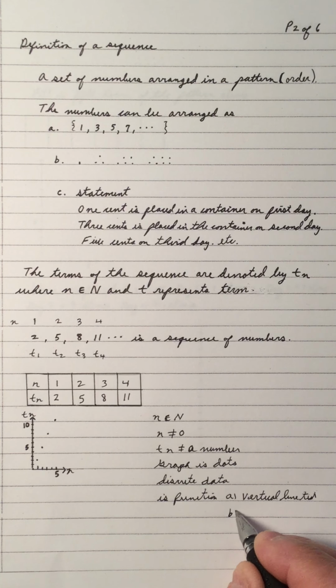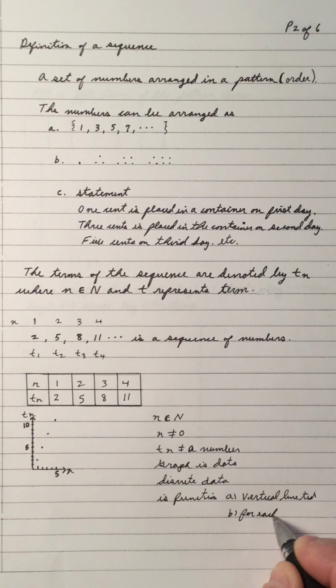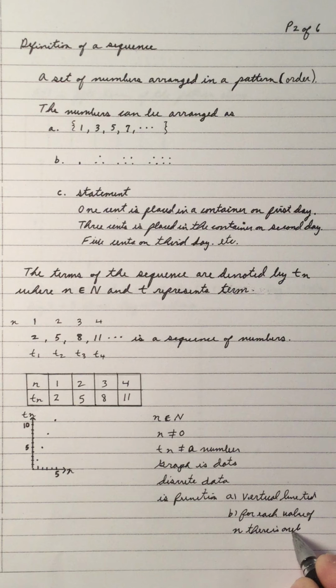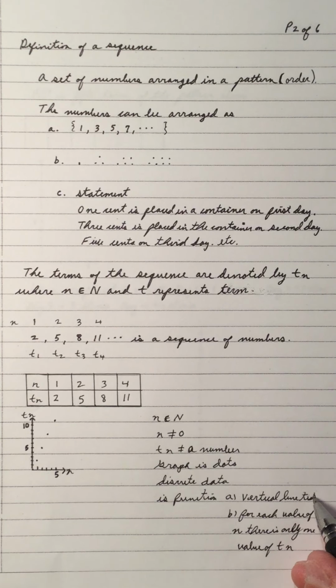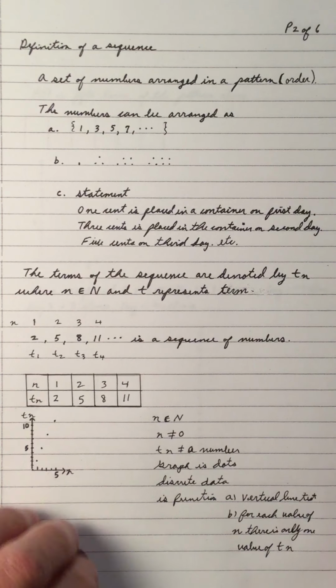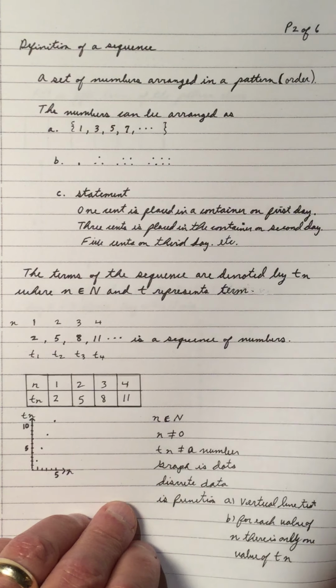Or we can also say, for each value of n, there is only one value of Tn. There are two ways we can say it's a function. Okay, let's move on.